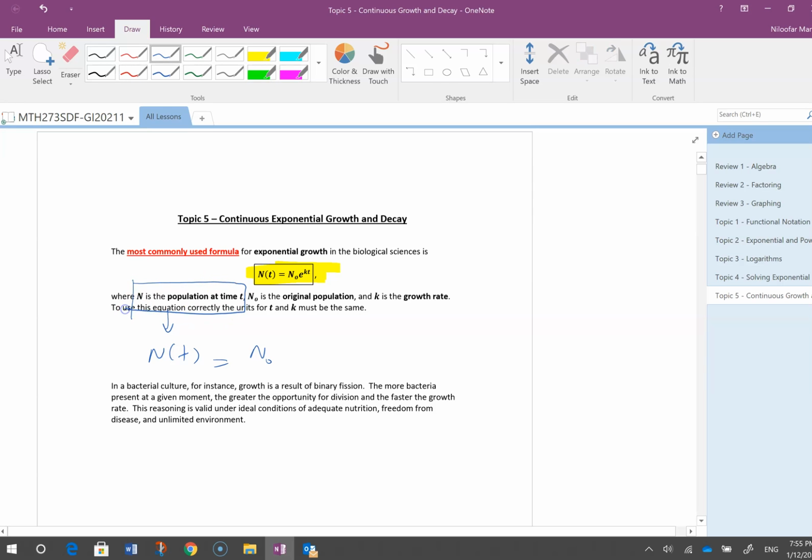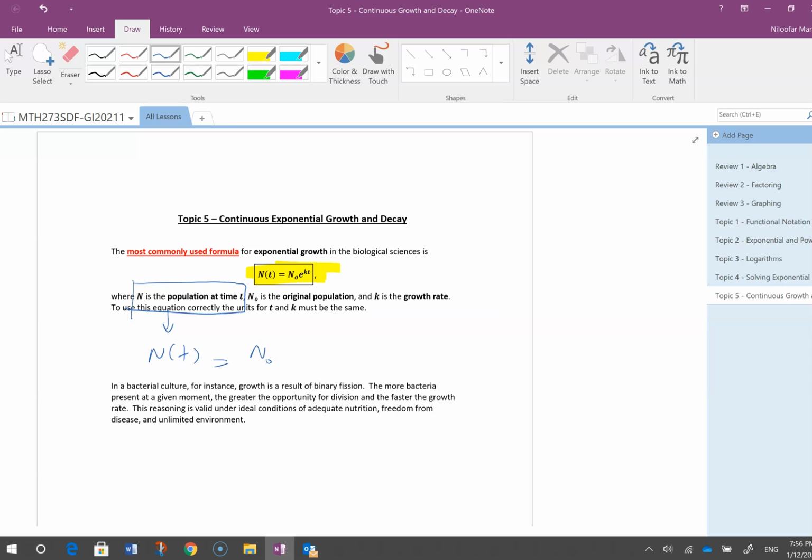So N0 is the original, meaning at time equals 0, at the beginning, how many we have at the start time. And k is the growth rate, so how they are going to increase, because that's growth. t and k must be in the same unit.